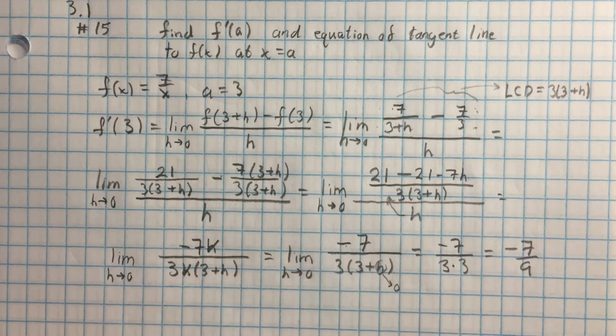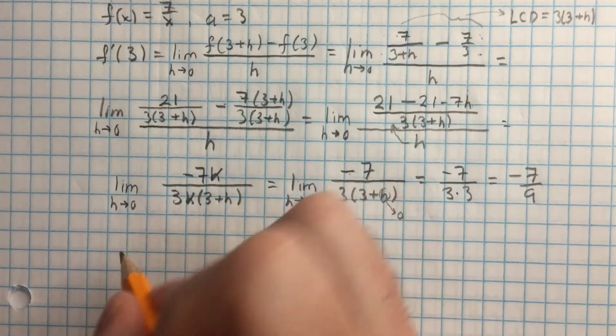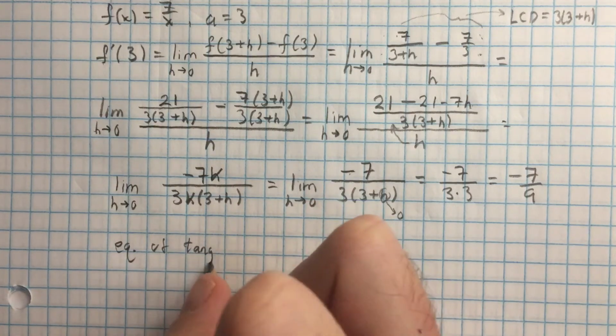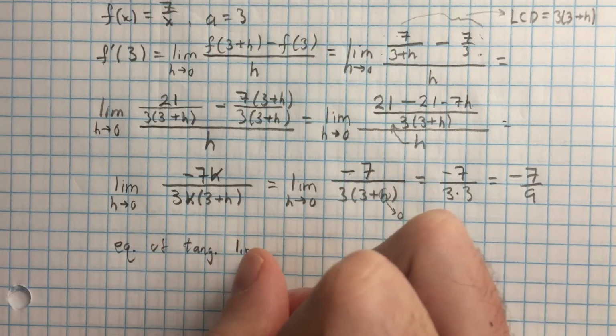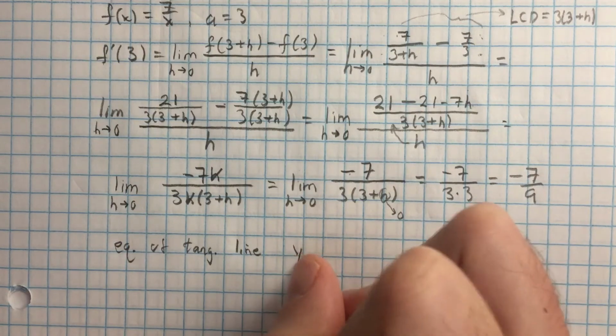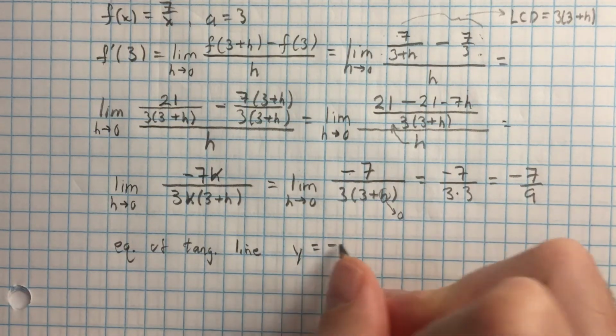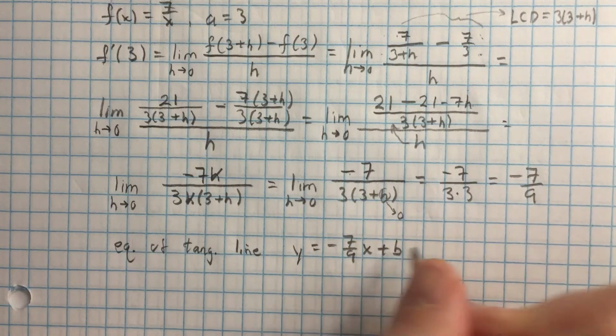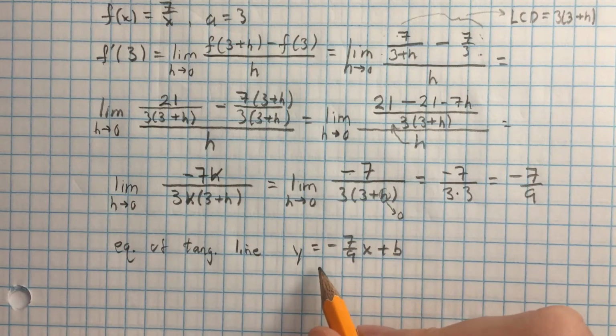Let's finish off the tangent line very quickly. So the equation of the tangent line should be y equals this slope, negative 7/9 x plus an unknown y-intercept b. But we know a point which is on this tangent line, the same one it shares with the curve where they're intersecting.